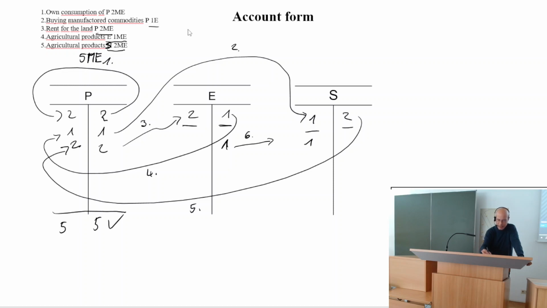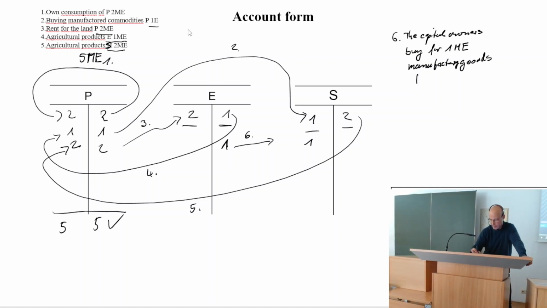So this was 5, and so we can say maybe the capital owners buy for 1 ME manufacturing goods from sector S. So this capital owners is sector E. Well, and then we are really balanced.